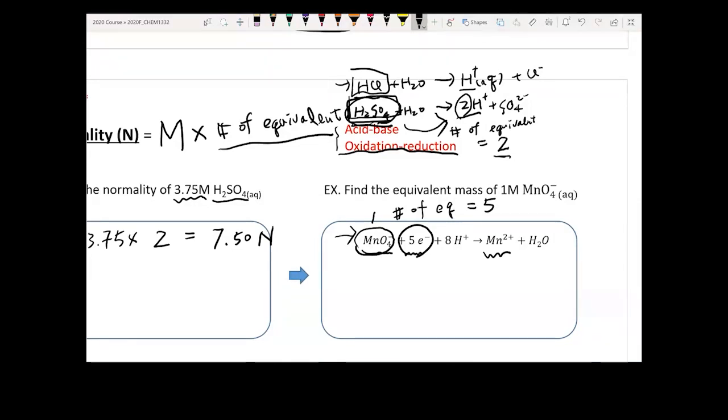The question here is asking you to find the equivalent mass. First, what is the definition of the equivalent mass? I just write here, the equivalent mass is equal to the mass of the target species divided by the number of equivalents.